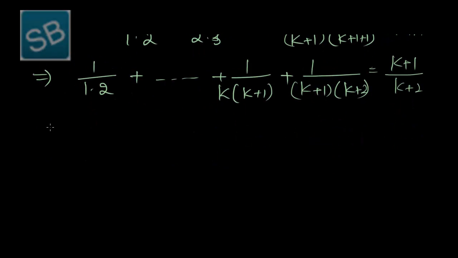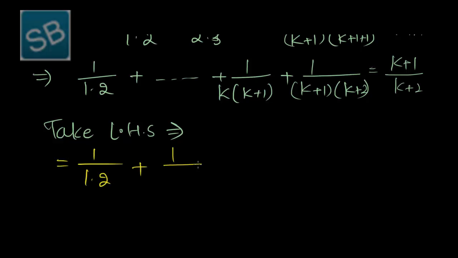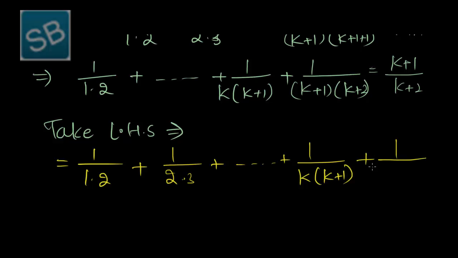For this, again we will take the left hand side, that is 1 over 1 into 2 plus 1 over 2 into 3 plus so on 1 over k into k plus 1 plus 1 over k plus 1 into k plus 2.